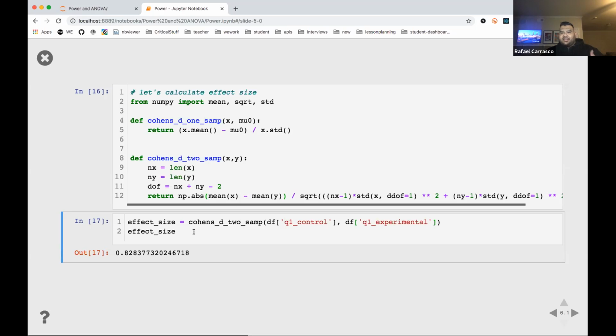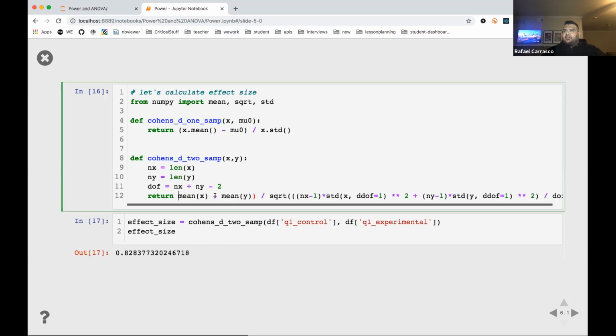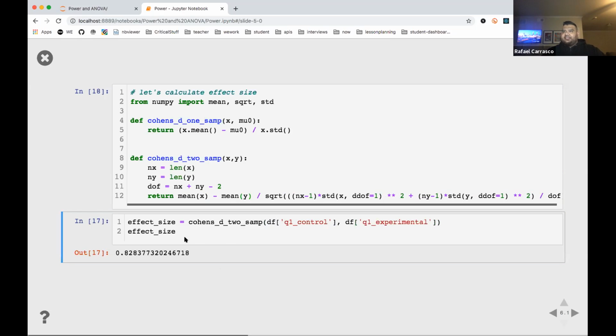That way you're always going to get a positive value of the effect size. But if it's negative, what that means is that the first one has a smaller mean than the second one. So I just want to cover that in case you come across negative effect size. You should just switch the two around so it's positive. I'm going to put that back the way I had it.